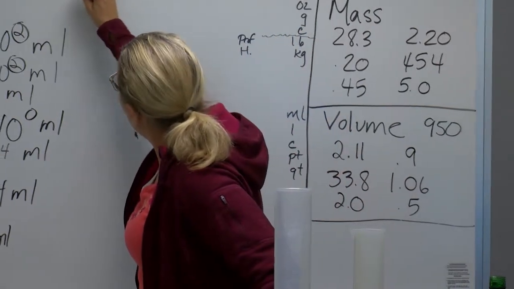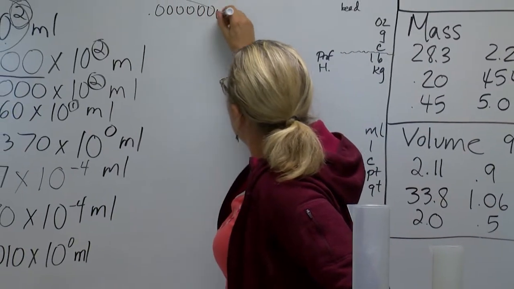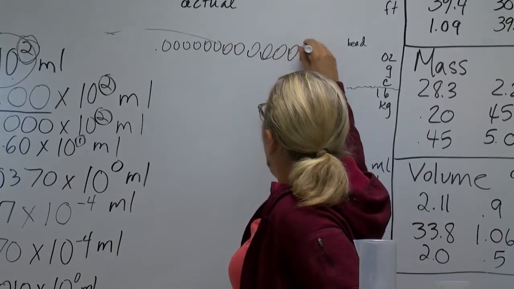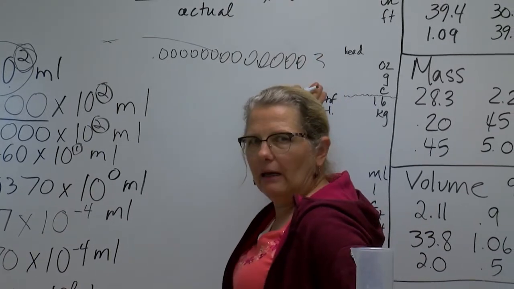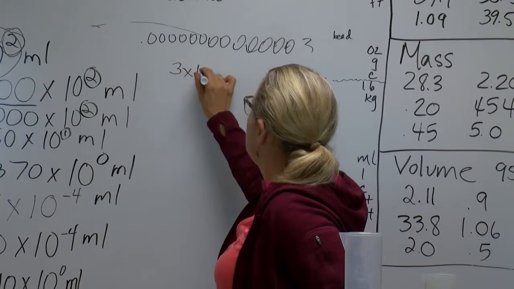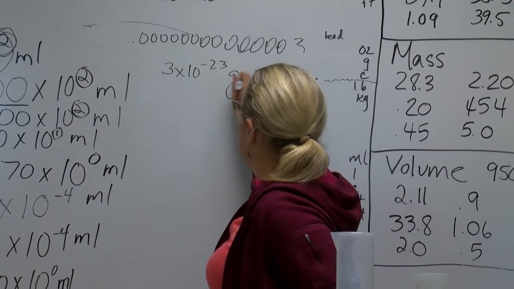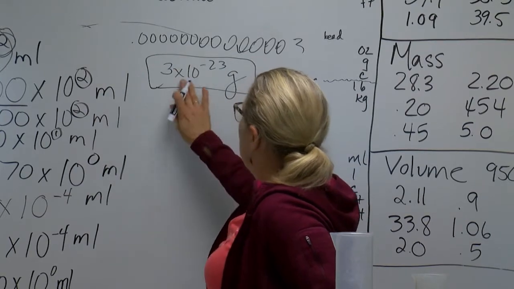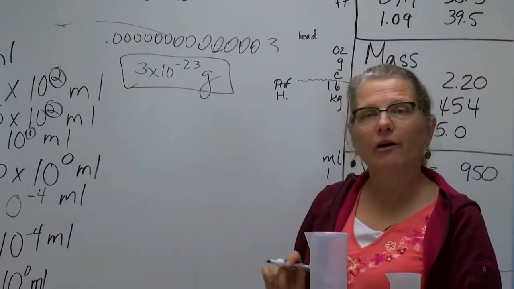So it's like 0.000000, and it just keeps going, and a 3 at the end. You can write that number as 3 times 10 to the minus 23 grams. Much easier to write than 23 zeros.